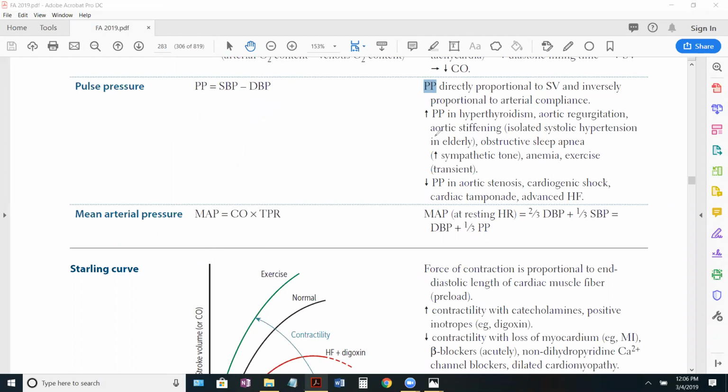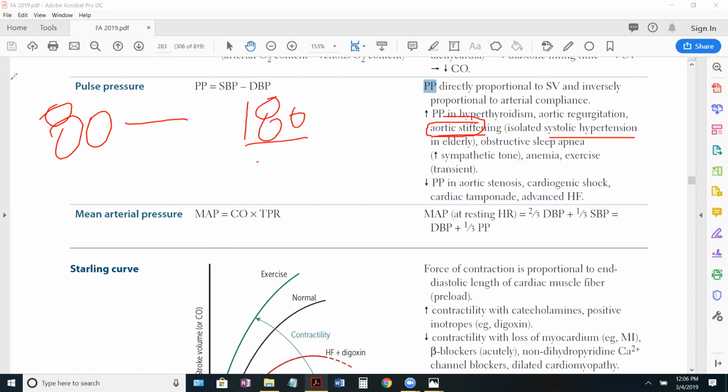That's the reason. So usually when the aorta becomes stiff, we only see isolated hypertension. An 80-year-old patient comes to your clinic and when you measure the blood pressure, it's 180/70. This is a patient of isolated aortic stiffening, and that is giving rise to isolated systolic hypertension. And look here, the diastolic pressure is low.